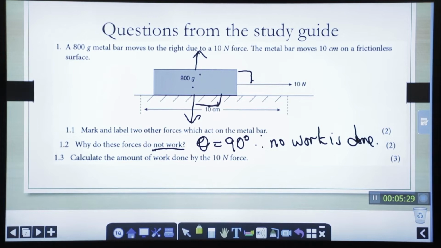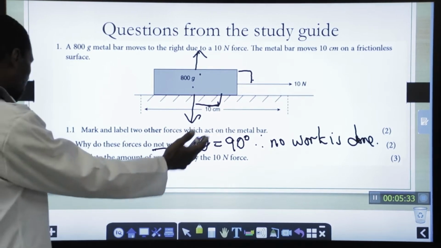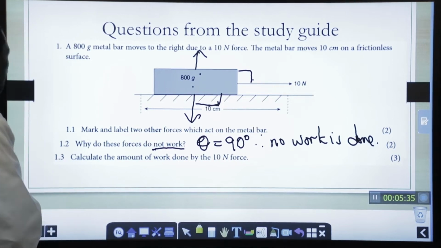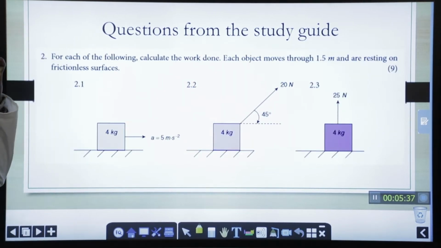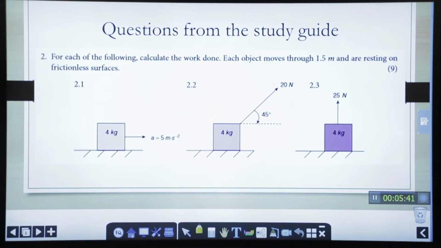It says then, calculate the amount of work done. Okay, we've done that, 1.3. Next question says, from the study guide also, for each of the following, calculate the work done. Each object moves 1.5 meters, and each object is resting on a frictionless surface.